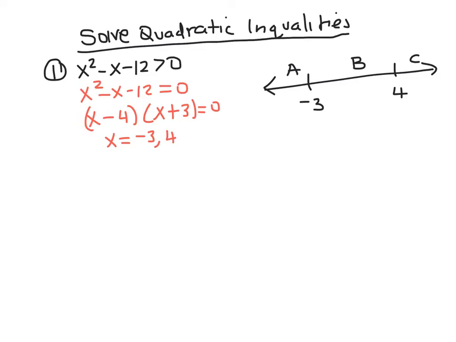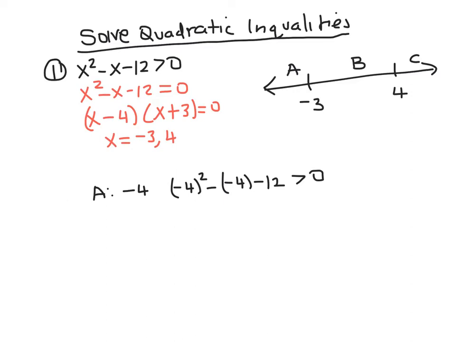I need a number in region A, and I could use negative 4. I'm going to test it in the original inequality. So negative 4 squared minus negative 4, and then minus 12. I'm going to test whether it's greater than 0.